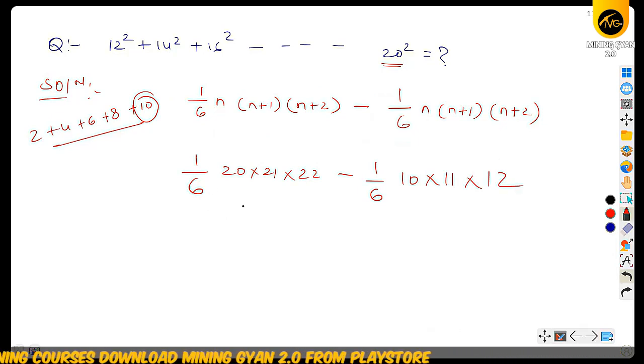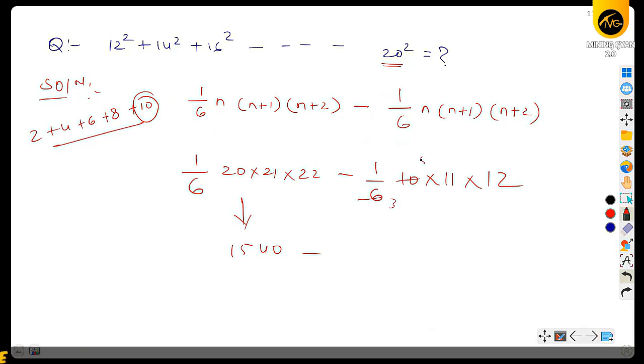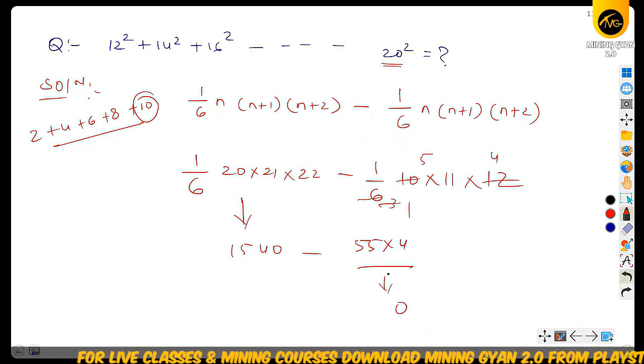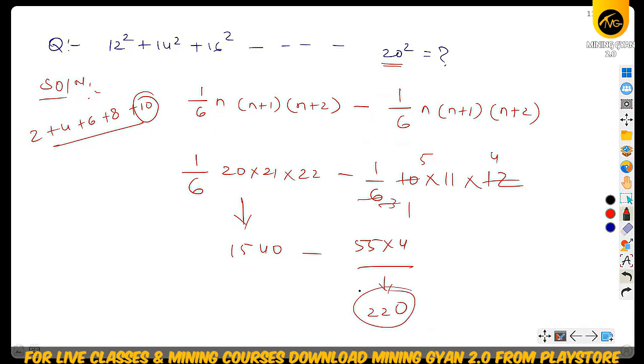Clear? So this is 1540 minus 1 divided by 6 into 10 into 11 into 12, that means 55 into 4, so it will be 220.